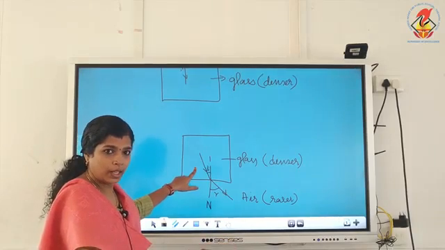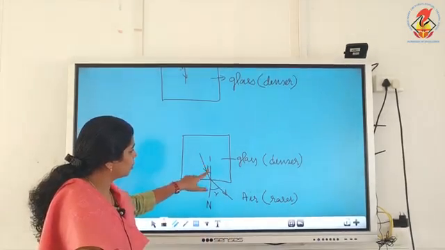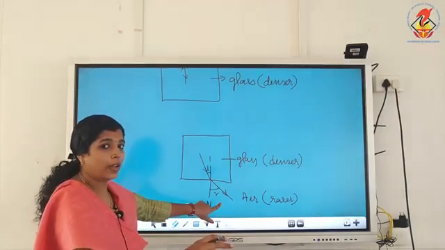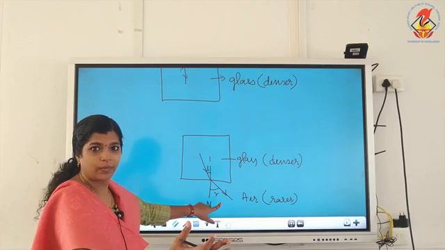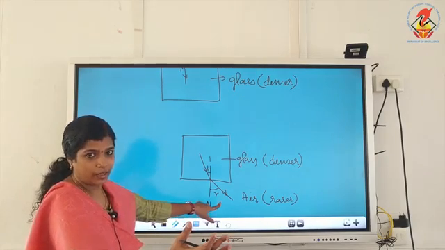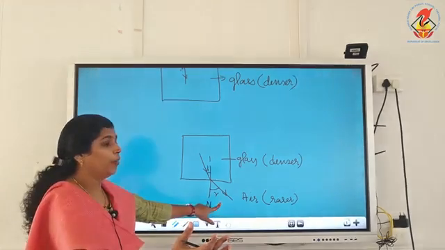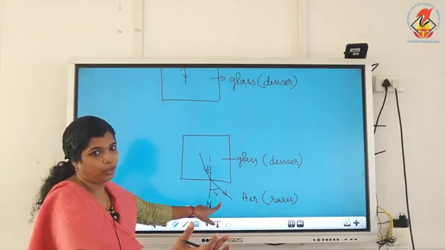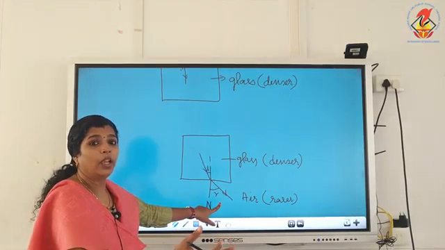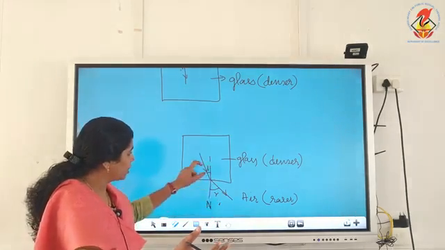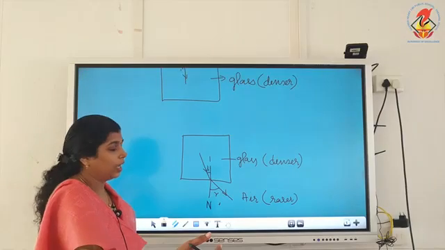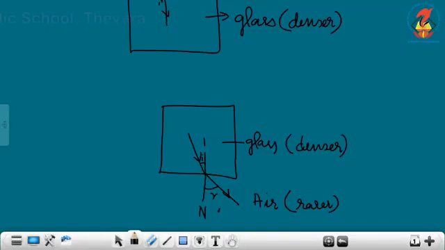When it travels to air, a rarer medium, the speed of the light will increase and it will bend away from the normal. Okay. So, here angle of incidence will be less, angle of refraction will be more.